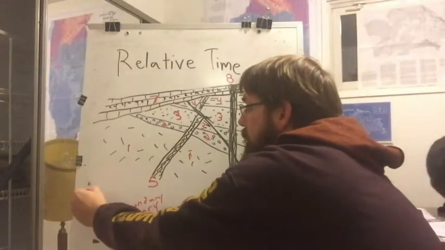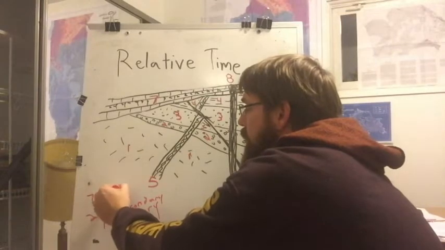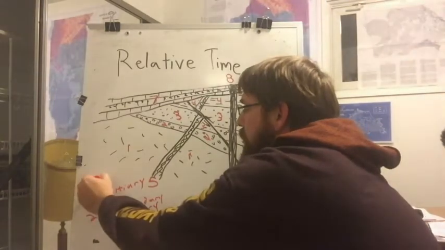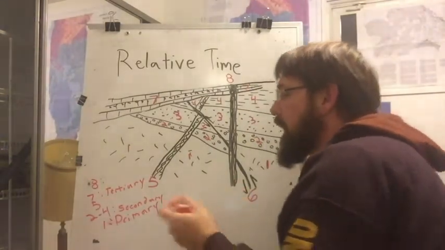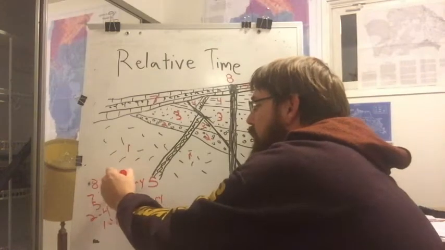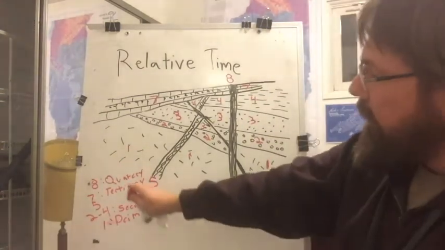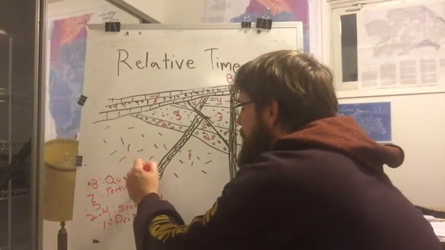And my number 7 is tertiary. And we'll just say my number 8, since it's the most recent I have, would be my quaternary.